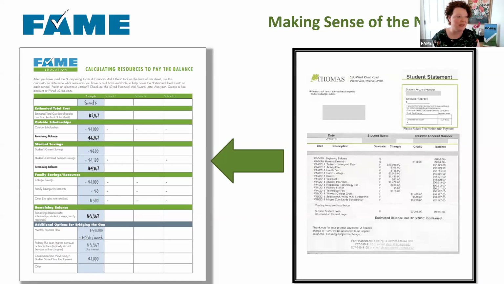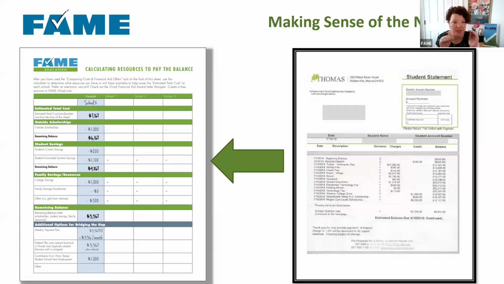What's great about it is it lets you put a bunch of colleges on there. So three at a time, but you can certainly do multiple sheets. It is going to let you put each college down and compare apples to apples.